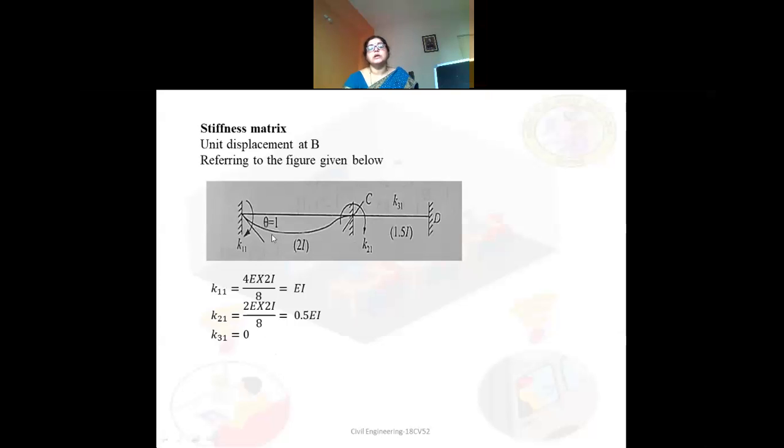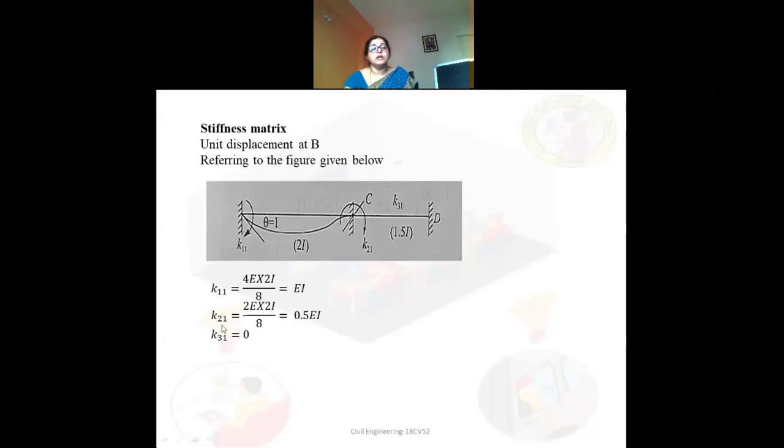Only theta B is equal to 1. There is no translation, that is 0. And EI value is how much? 2I. So 4E into 2I by 8, if you do, what is the answer? You are going to get EI.